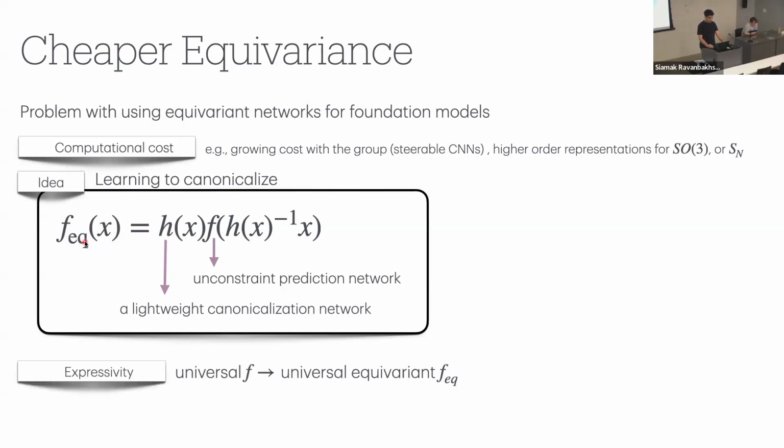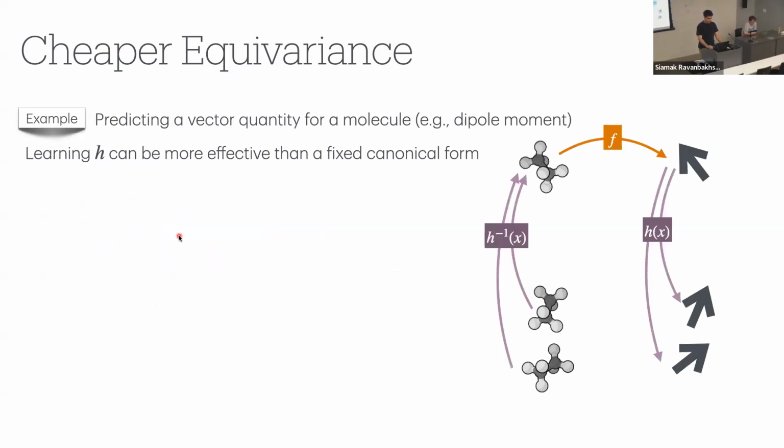Another benefit of this approach is that you get universality of the equivariant network simply by having universality for the unconstrained network. That is, you don't need expressivity for h. h could be as dumb as you like. Here's an example.